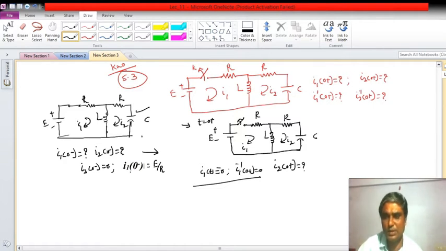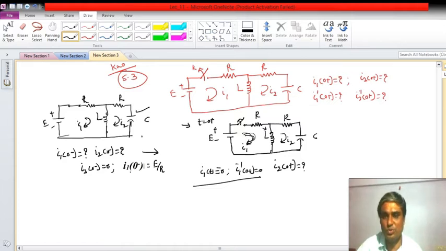Now here we have to satisfy the law of continuity, because we are assuming there is no impulse present here. When the switch is open, in this mesh i1 is identically 0. But initially we know the current through the inductor was i1(0-), which was E by R. So after switching, the same amount of current should flow.